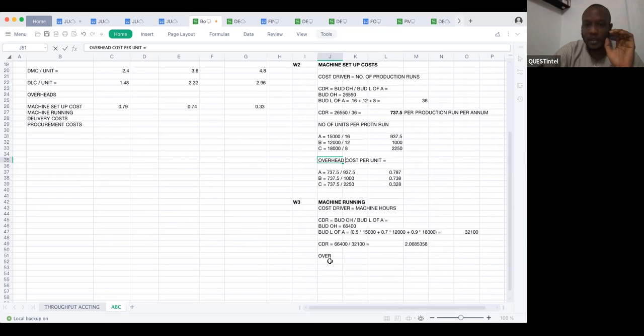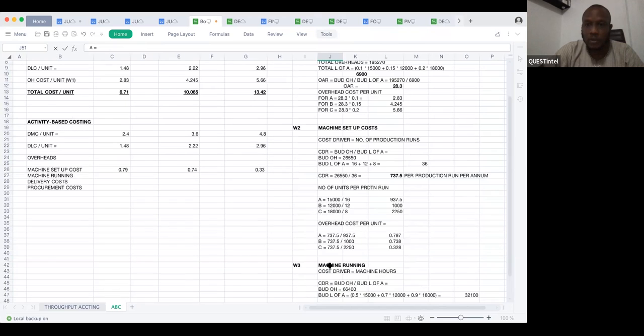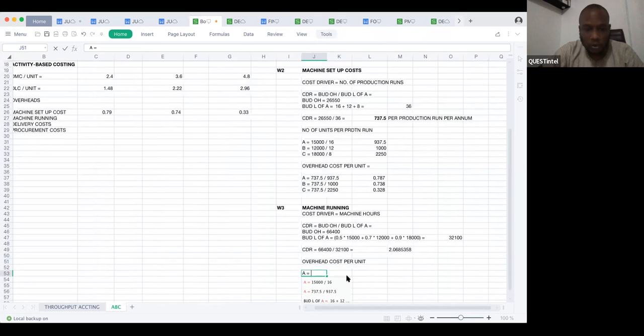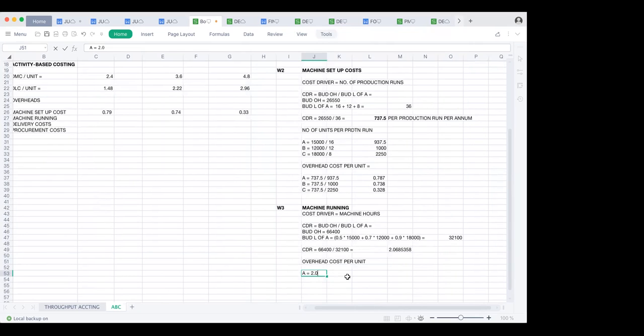So our overhead cost per unit. So for A will be equal to, similar to what we did, 2.07.